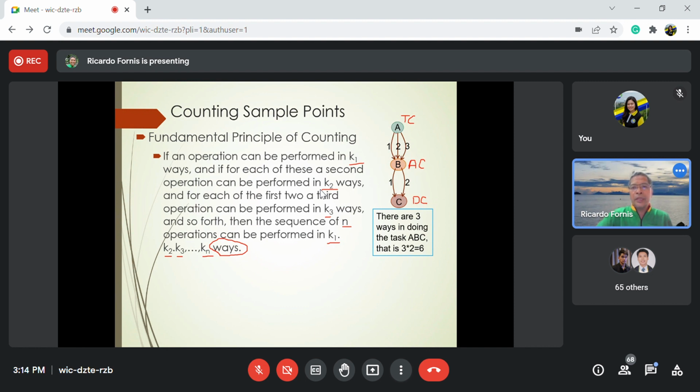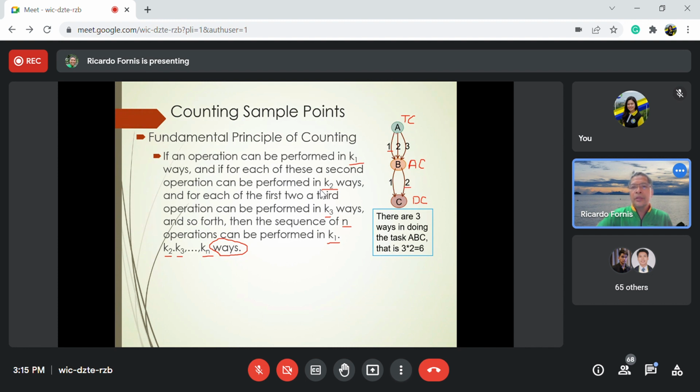You can take from A to B, road number 1. So probably this is the Archbishop Reyes. And then from B to C, you will also be following road number 1. So this is one possibility. It's also possible that somebody will travel from A to B using road number 1, and then from B to C, road number 2.